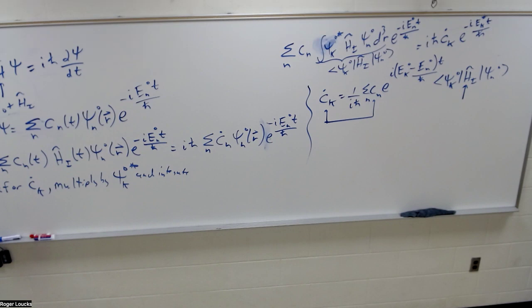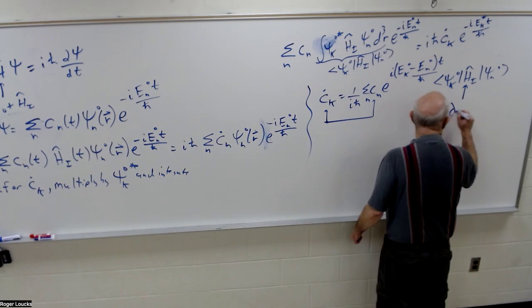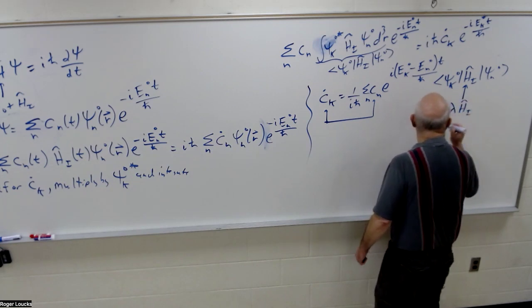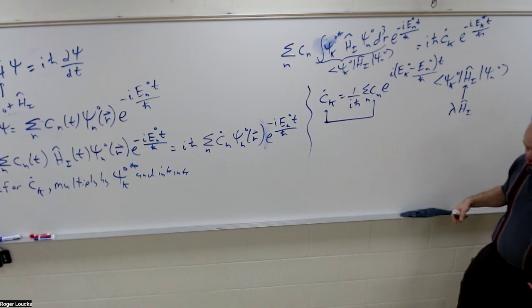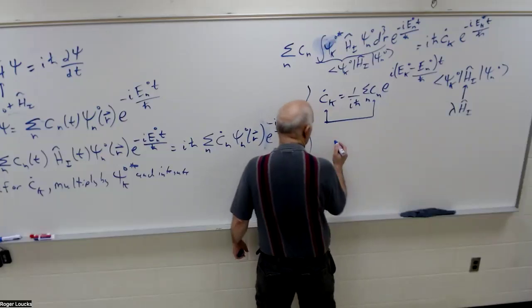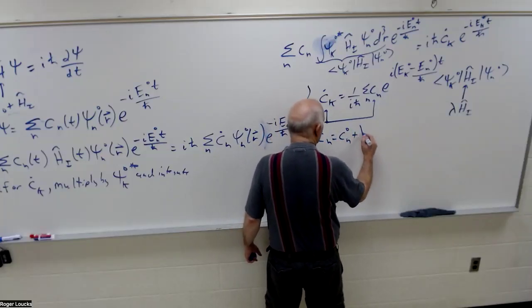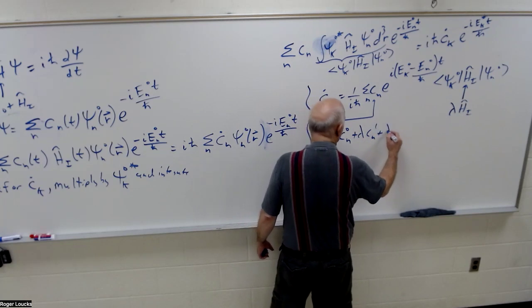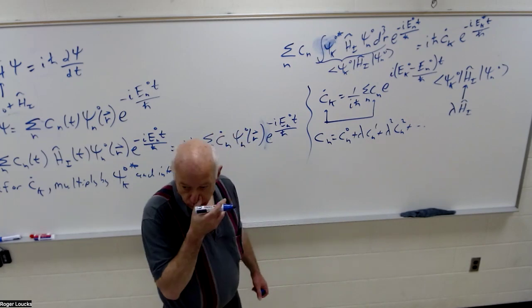We expressed them in terms of lambda. So we said that this HI goes as lambda HI, and again this is a measure of how important this term is, because we're going to keep track of the orders. Then we said Cn is Cn0 plus lambda Cn1 plus lambda squared Cn2 plus dot dot dot.